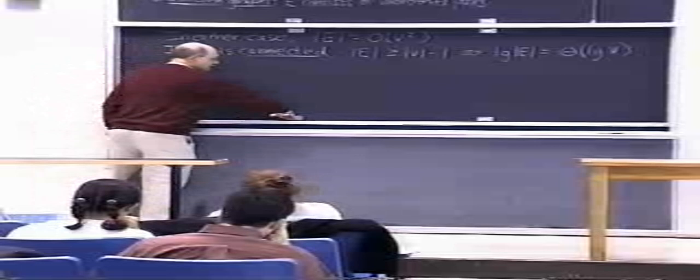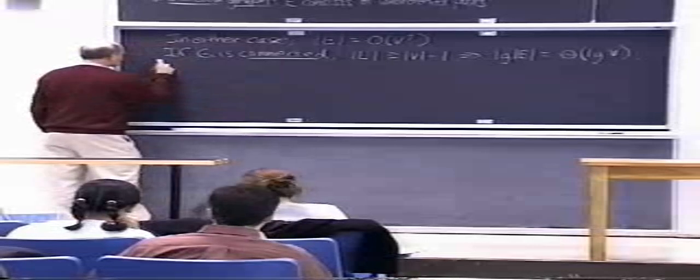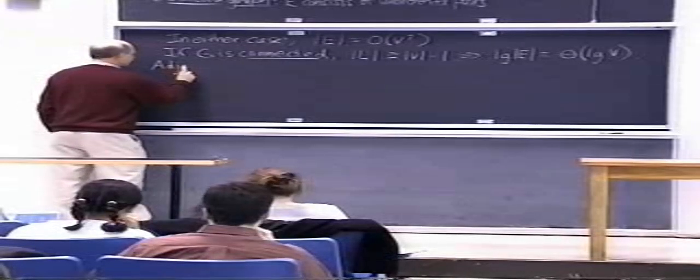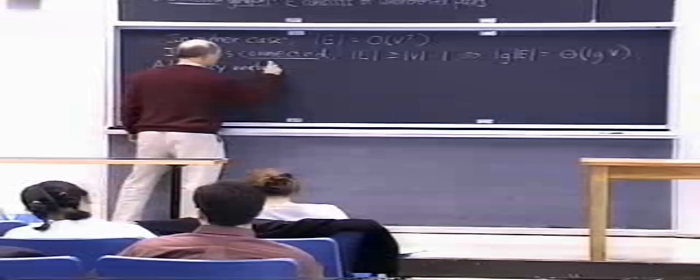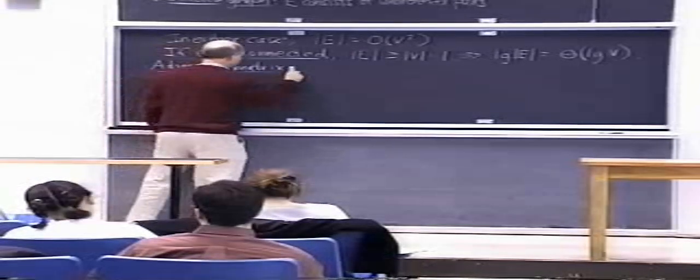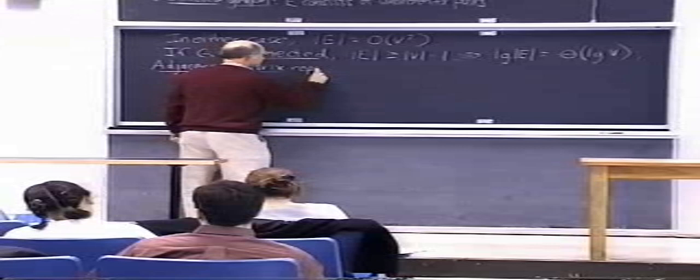So we're going to look at graph representations today for our algorithms. We're going to start out with one of the simplest representations, which is called an adjacency matrix representation.